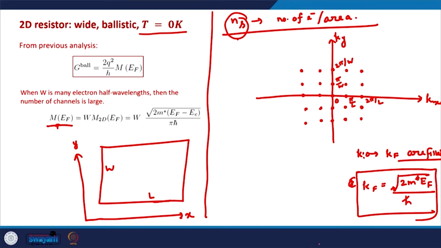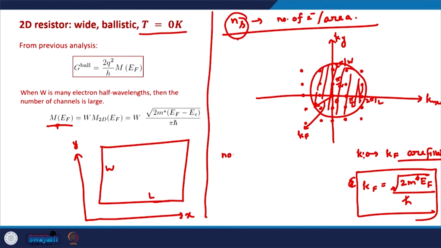So, the total number of electrons will be inside this circle of radius Kf. If the radius of this circle is Kf, the total number of electrons, or the sheet carrier density in the material, will be given by the area of this circle in the K space. And what is the area here?